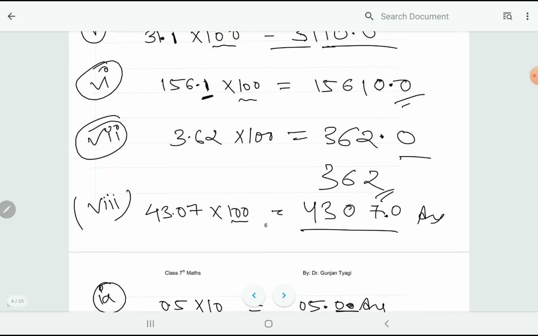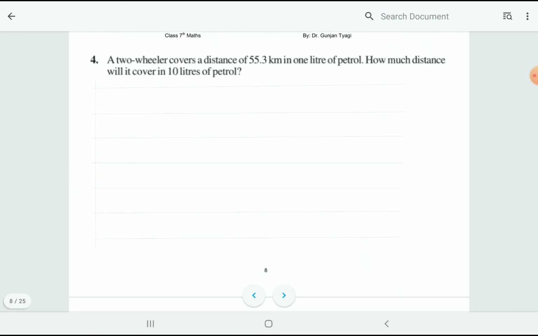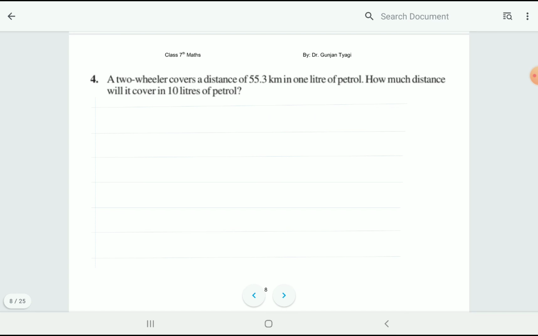Question number 3 is done. Let's do the next question. Question number 4 of the same exercise. A two-wheeler covers a distance of 55.3 km in 1 liter of petrol.